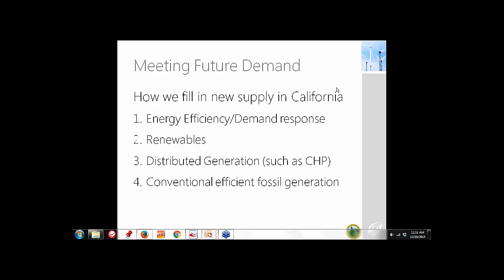And then as a last resort, it would be conventional efficient fossil generation. But the utilities really try to go through the first few steps before resorting to generating more through fossil generation, because it's incredibly expensive to put up a new power plant. It's not in the best interest of the utility. Next slide.